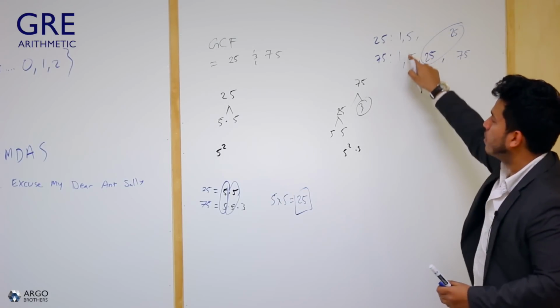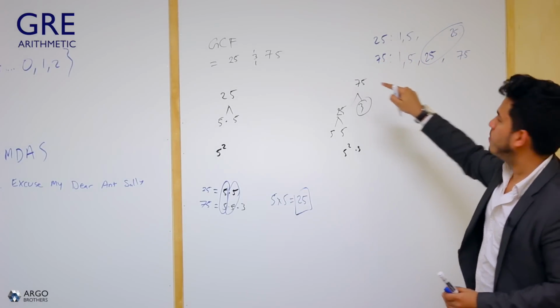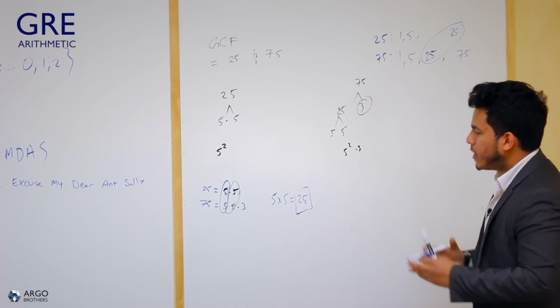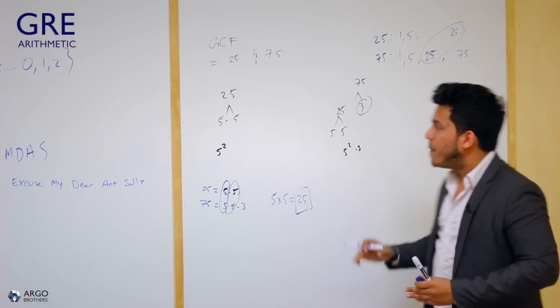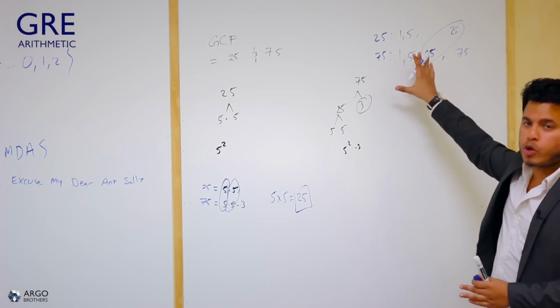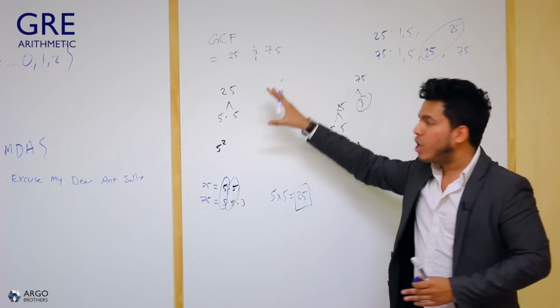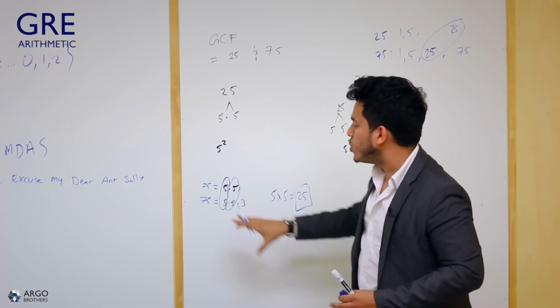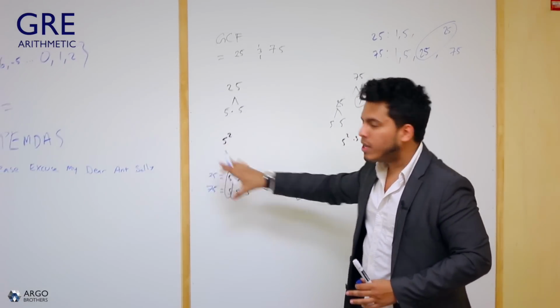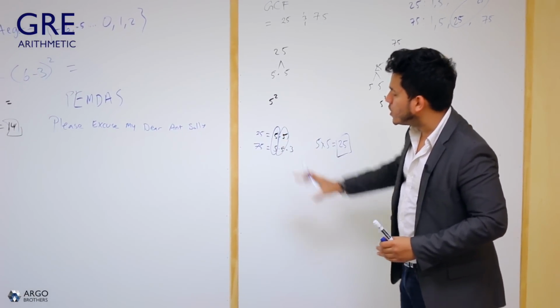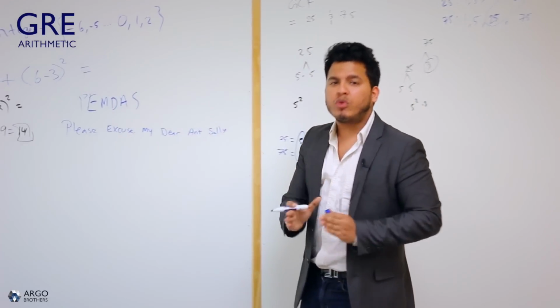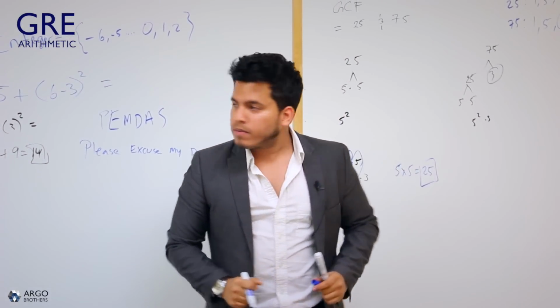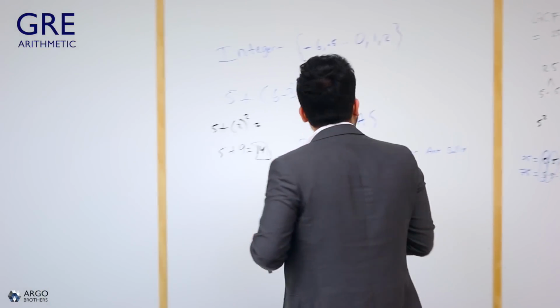Not the 5, right? The greatest common factor, it's 25. So once again, if you're working with easier numbers, perhaps this way is easier and more simple for you. Or if you're working with complex numbers, you definitely want to take this approach where you get the prime numbers and you take a look at both sets and what is common between the both sets and multiply it. Let's go ahead and move on to the least common multiple now.